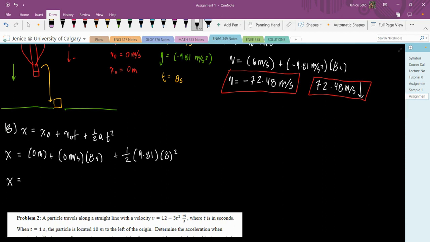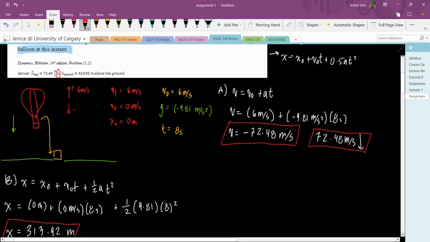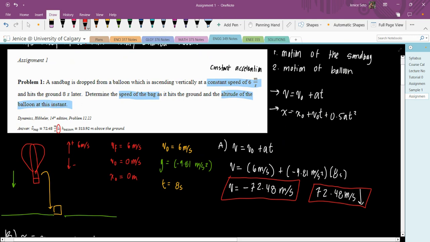And so, using this equation, we get a value of 313.92 meters. And this is our answer for the altitude that our balloon is at. Right, so that is our first question. So our first question used constant acceleration.